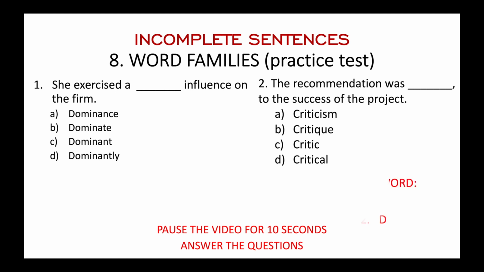So here are the keywords, everybody. Number 1, she exercised a blank influence on the firm. So if we just pay attention to this one, it needs an adjective, right?